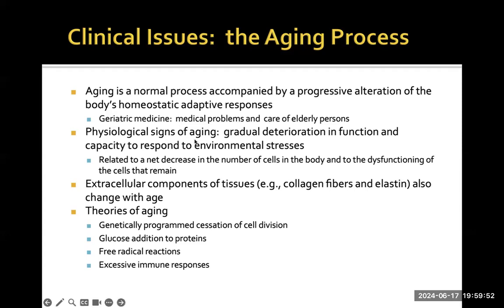Physiological signs of aging are a gradual deterioration in function and capacity and their ability to respond to environmental stresses. Extracellular components of the tissue also change with age. Some of the theories of aging are genetically programmed cessation of cell division, changes in glucose addition to the proteins, increasing free radical reactions, and excessive immune responses because your body is so prone to getting sick.